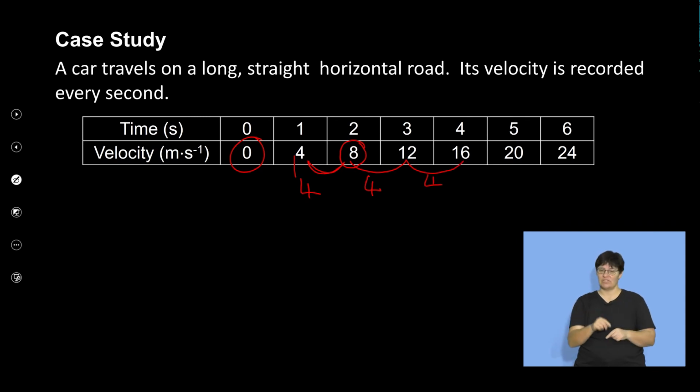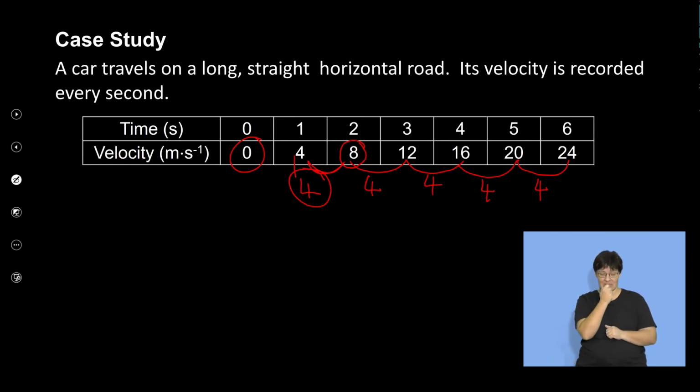That difference is also 4. Then it went to 20. That's 4. Then it went to 24. That's 4. So if you look at it, every second, the velocity was increasing by 4 meters per second.